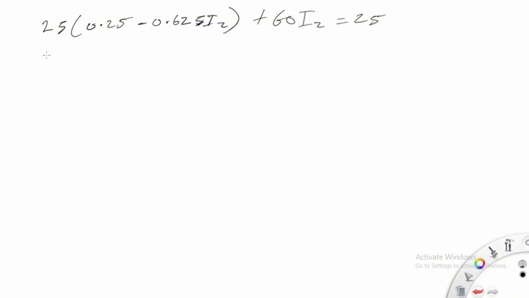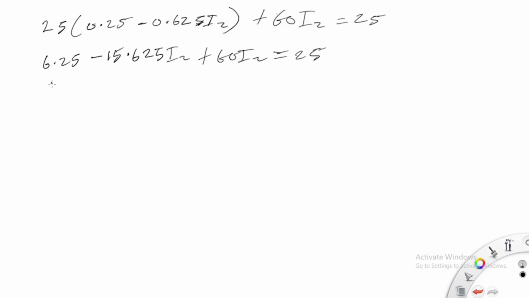So multiplying this, we would have 6.25 minus 15.625 I2, am I correct? Plus 60 I2 is equal to 25.